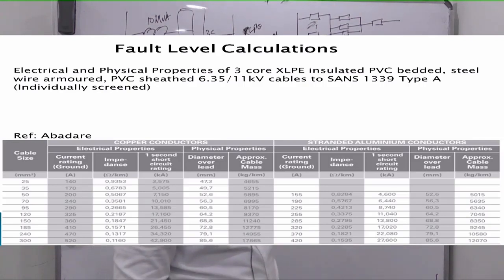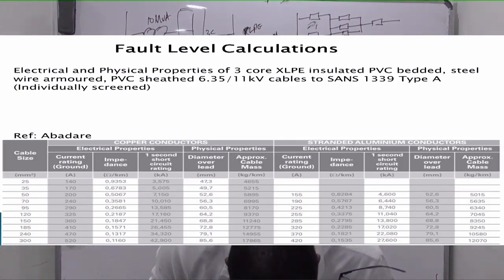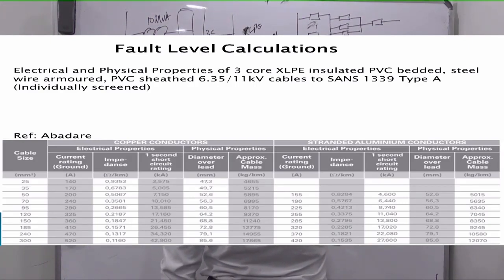Let's look at the one for 35 mm: it is 0.6783.